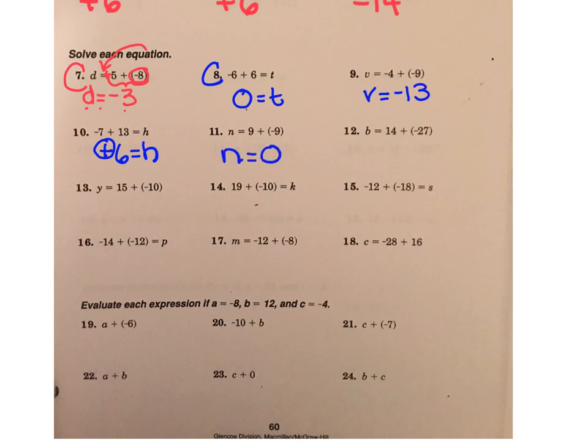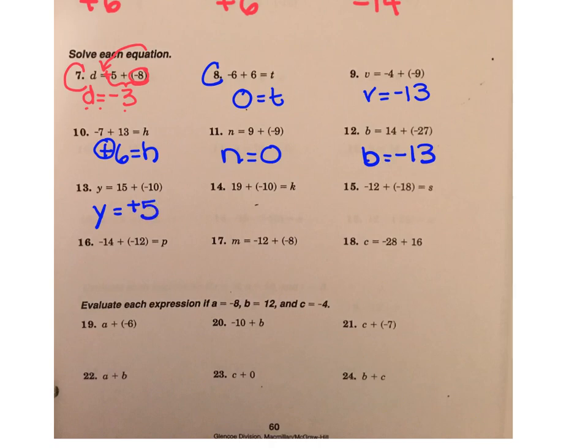Give yourself a C if you've done that one correctly. Number 12, B equals -13. Number 13, Y equals +5.